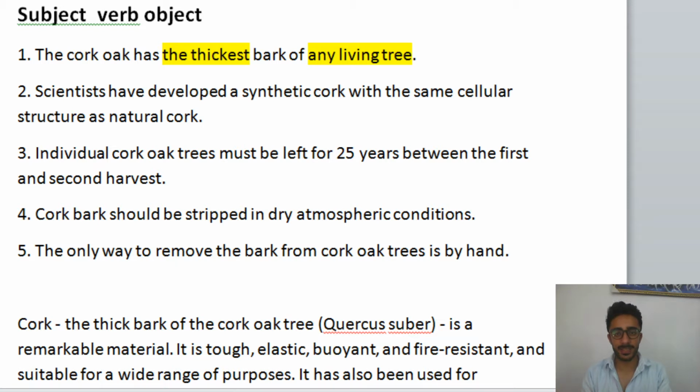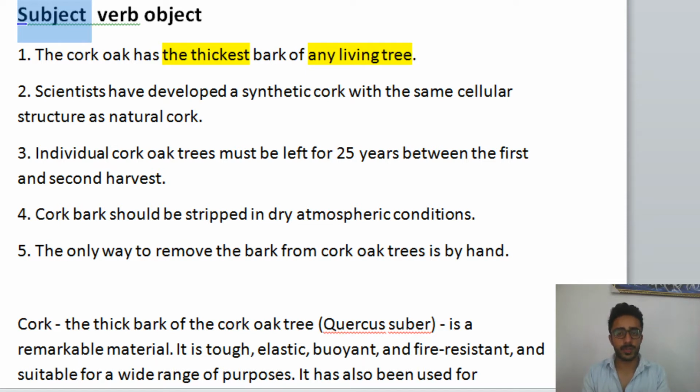So you can clearly see I have underlined or highlighted some of the words. Before that, I want to tell you some tricks which I have discussed in an earlier video as well. In true false not given or yes no not given, we always divide our sentence into three parts: subject, verb and object, right?